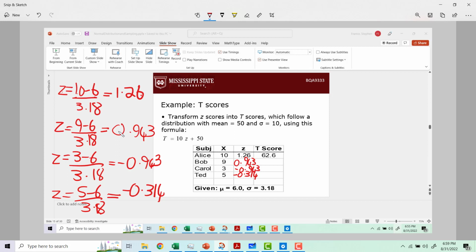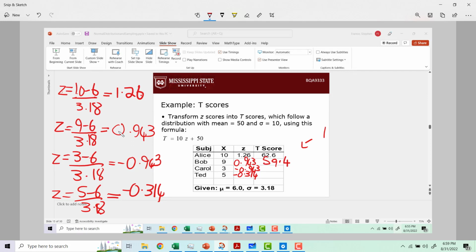And then the t-score for Alice is this value, 1.26, times 10 plus 50. So this one is 12.6 plus 50, 62.6. For Bob, 9.43 plus 50 is 59.4. We'll stick with one decimal place to be consistent. Just to get how I did that again, I'll do the first one.